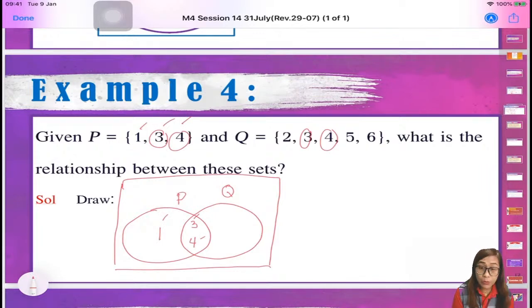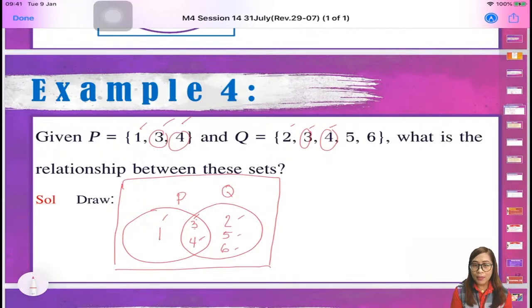How about Q? Q, we have 2, 3, 4, 5, 6. So we have 2, yeah, 3 already here, and then 4 is already here, and we have 5, 6. So if you check, set Q has 2, 3, 4, 5, and 6.